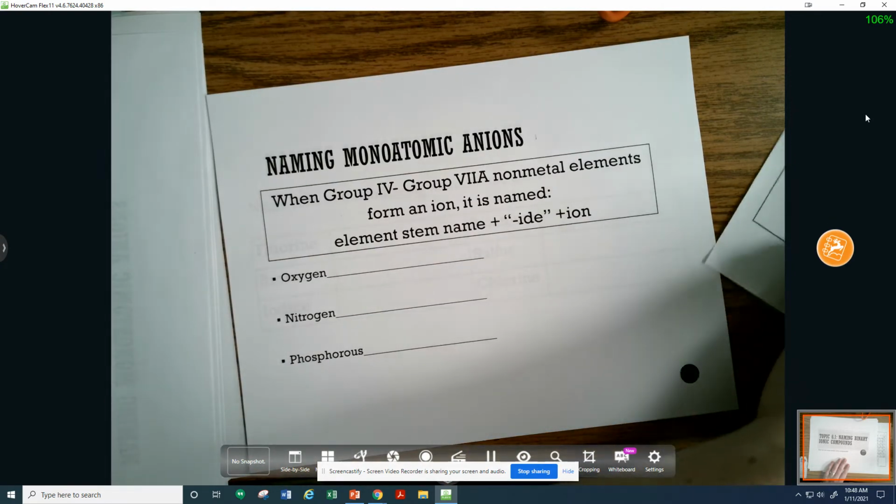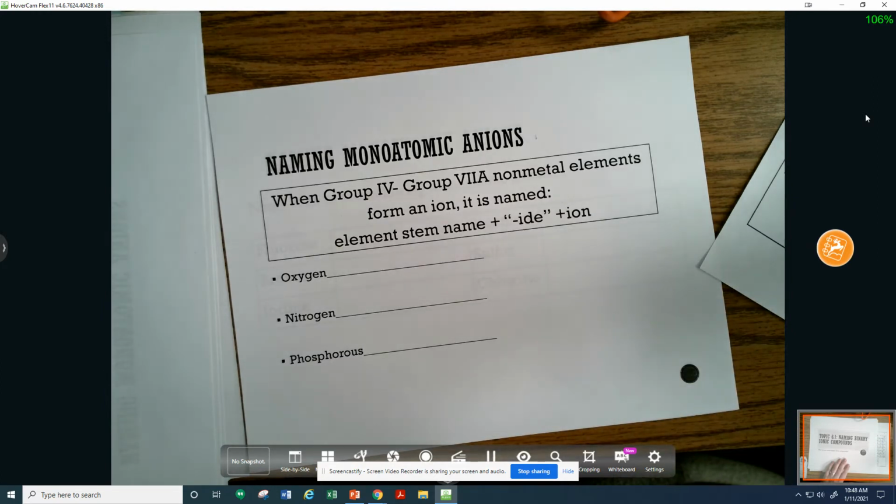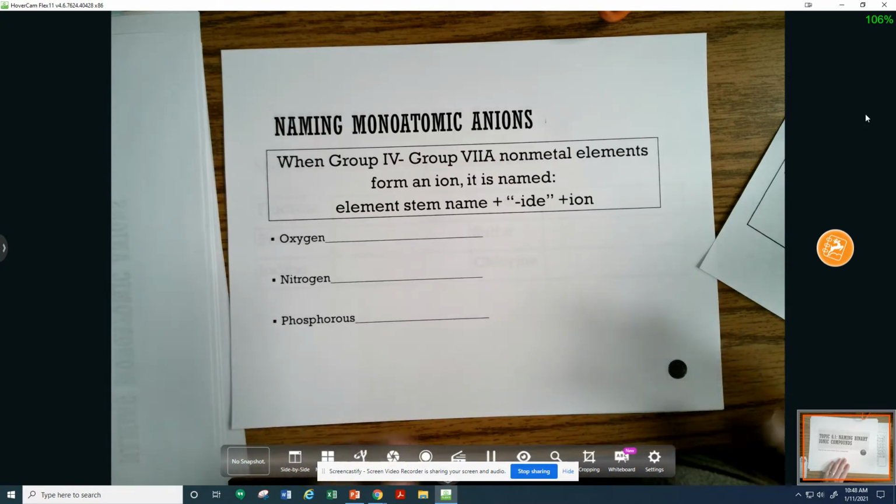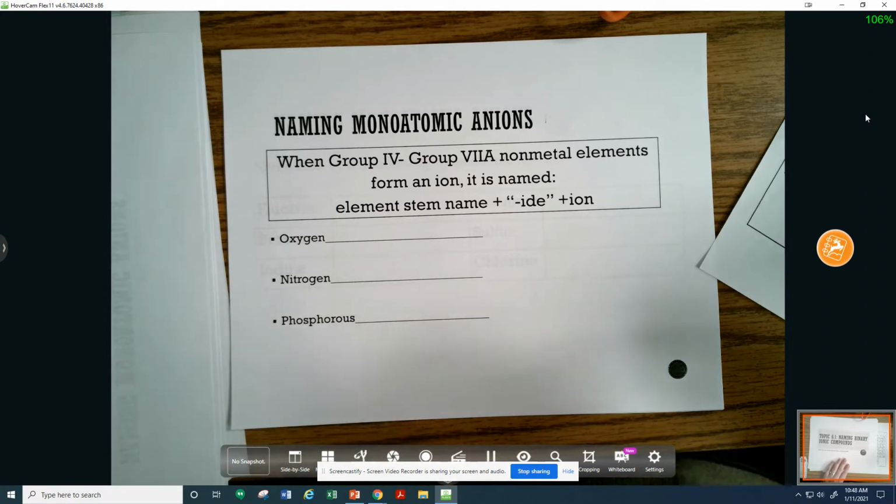From there, how we name them is different. The reason is we need to indicate that we are now working with a compound once we combine this monatomic anion and cation together. When you look at your periodic table, we have 2 options. We can either change the name of the cation or the name of the anion. Chemists chose to change the name of the anion because there are way fewer nonmetals than metals.